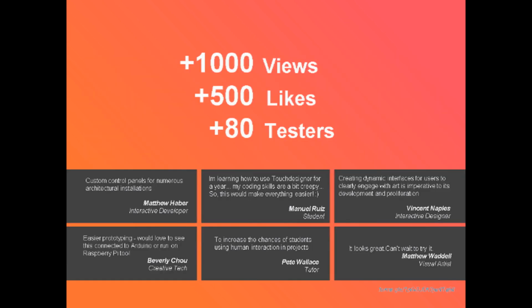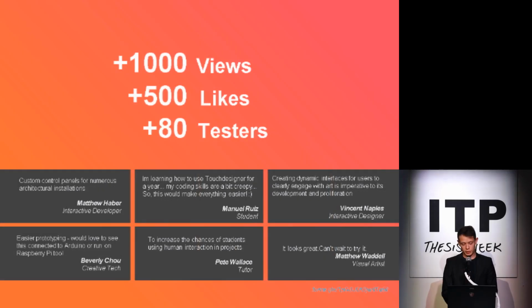After 3 weeks of sharing with people, I've got more than 1,000 views, more than 500 likes, and more than 80 beta testers. And because of this, I have decided that I'm going to release a beta version in June. For all these people who gave me their feedback, and it's really interesting how I have got people who I didn't expect that they wanted to try Oscar, but they do.